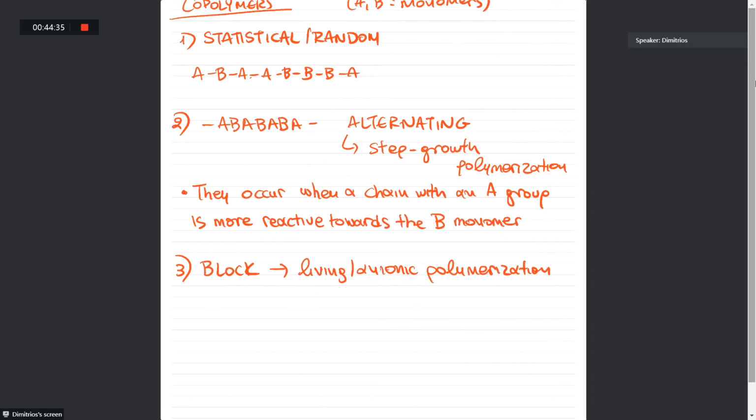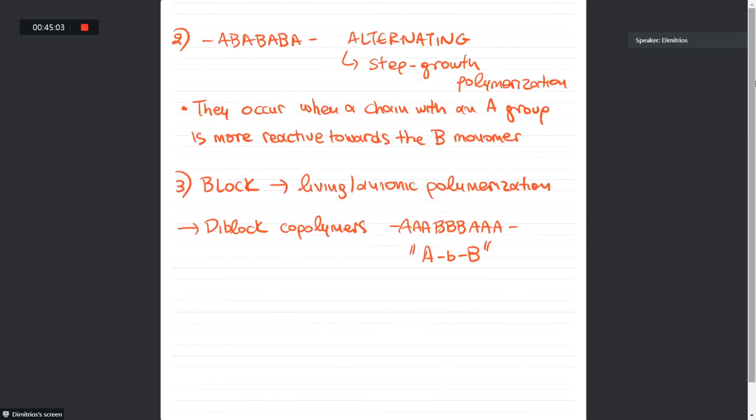So we usually have diblock copolymers. Where we have, let's say, a structure of A, B, B, B. Okay, so in this case, these are usually termed A block B. Okay, or we can even have a tri-block copolymer.